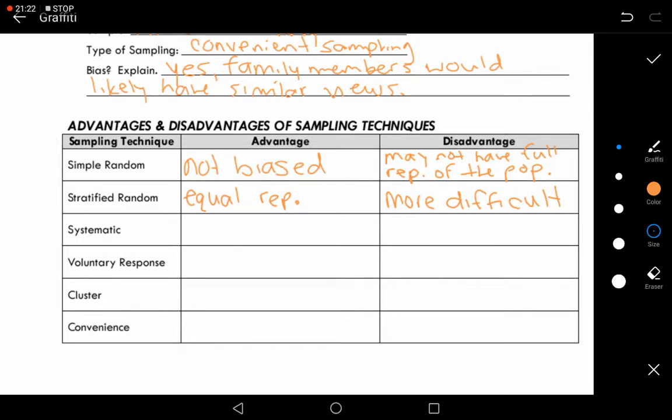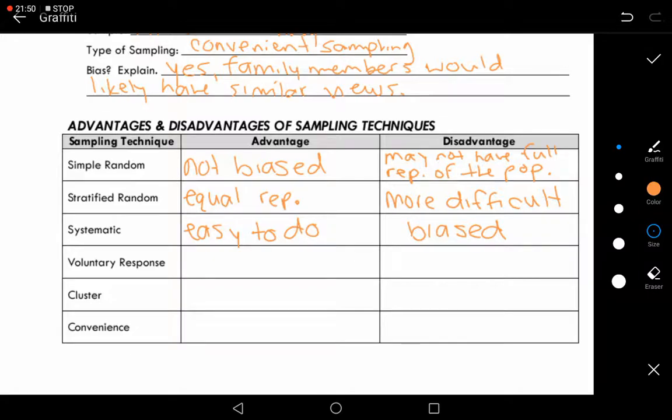I remember doing that. So an advantage to this one is it's easy to do. And a disadvantage is it might end up being biased, right? You're not 100% sure of the answers you get, especially if you're like me and my friends and you tried to get into their group.